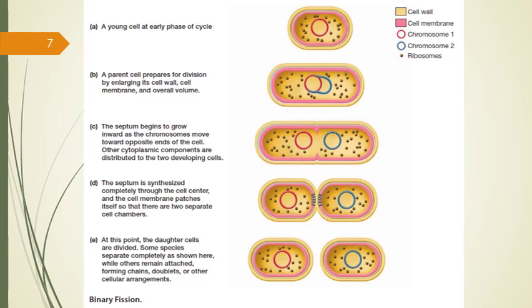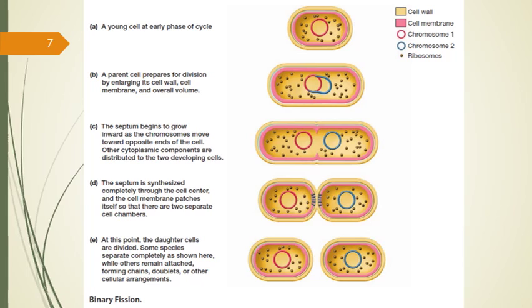The septum begins to grow inwards as the chromosomes move towards opposite ends of the cell. You can see this in the third picture. Other cytoplasmic components are distributed into the two developing new cells, and a septum is initiated at the center of the cell.